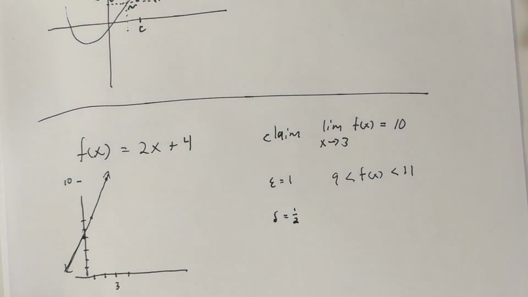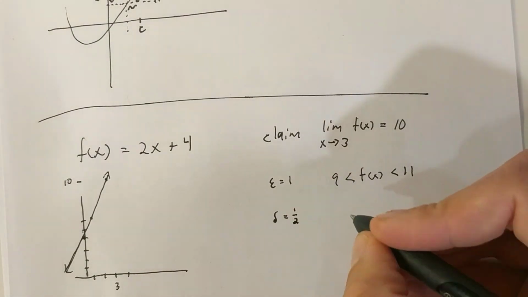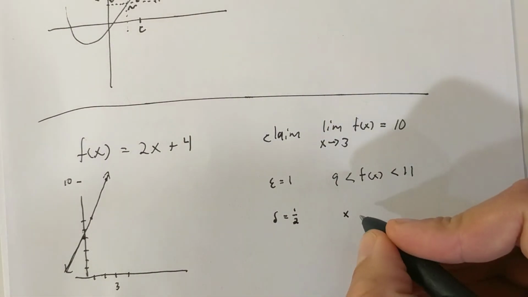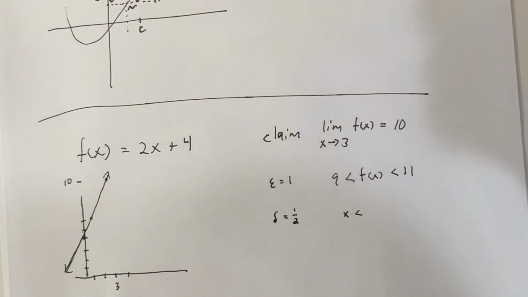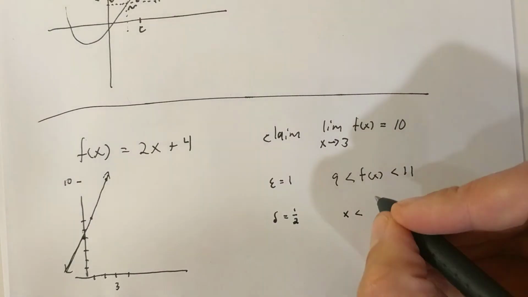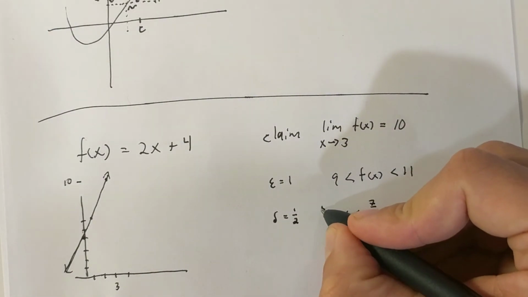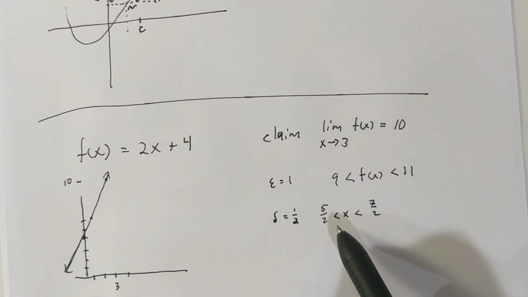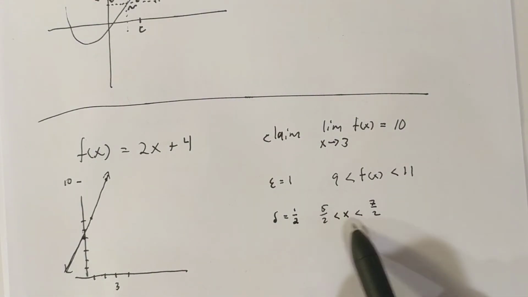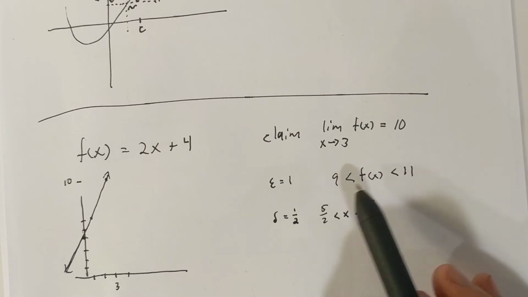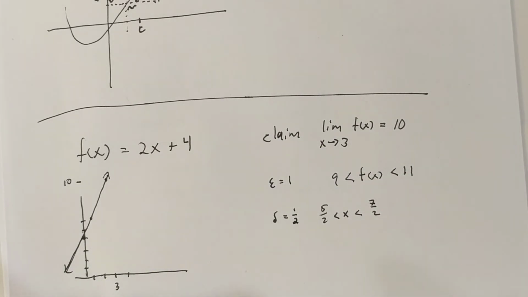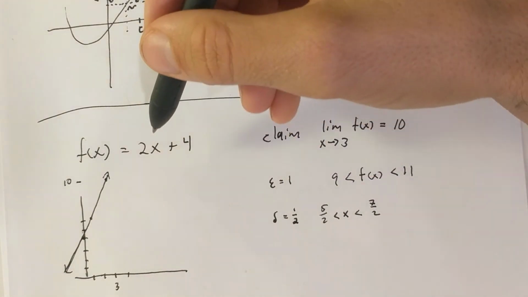Let's go small. So if my delta was 1/2, that means my x must be less than 3 1/2, so 7/2, but greater than 5/2, right? So as long as I'm in between these two things, my function's going to be in between these two things, right? And that's pretty easy to check.